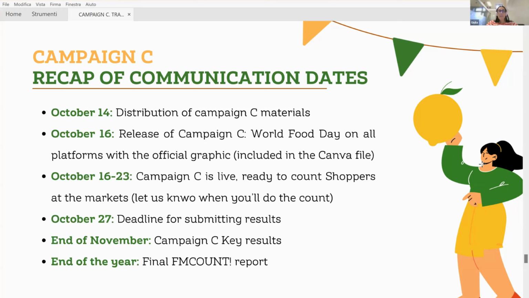Then the counting will happen from the 16th to the 23rd of October. And I read that someone will do the counting after, if it's not a lot of days later.